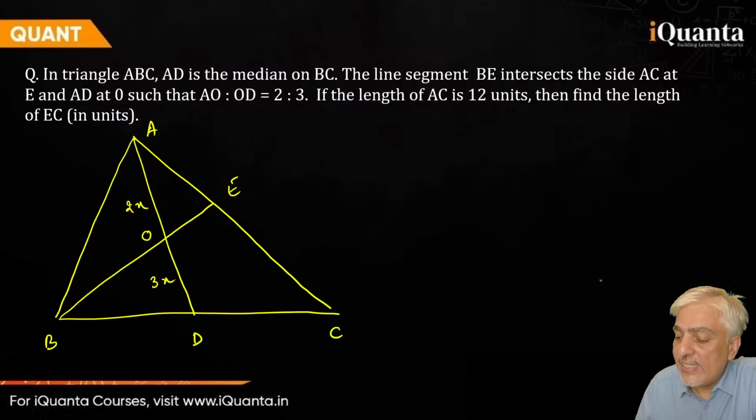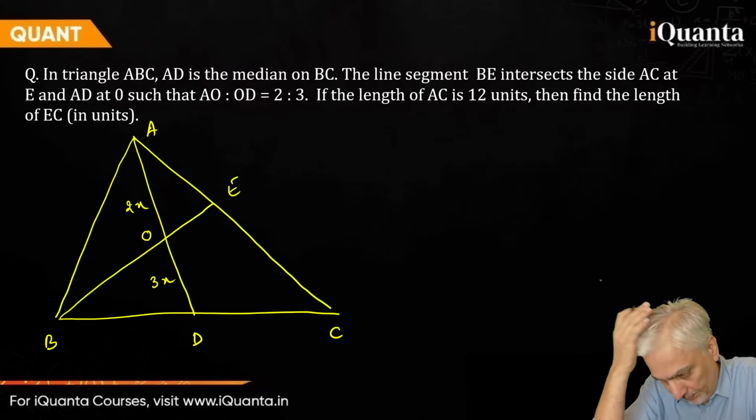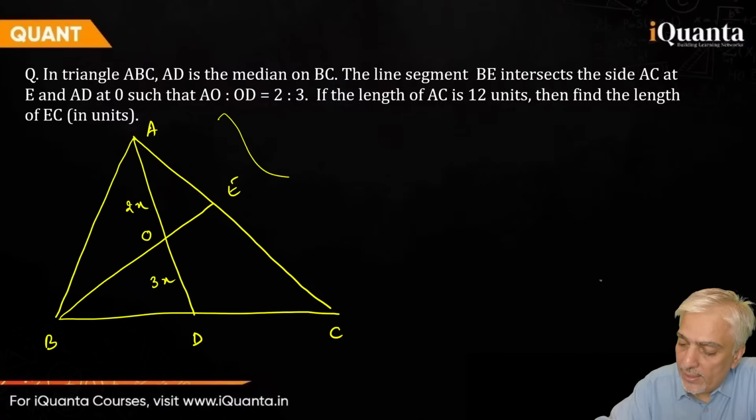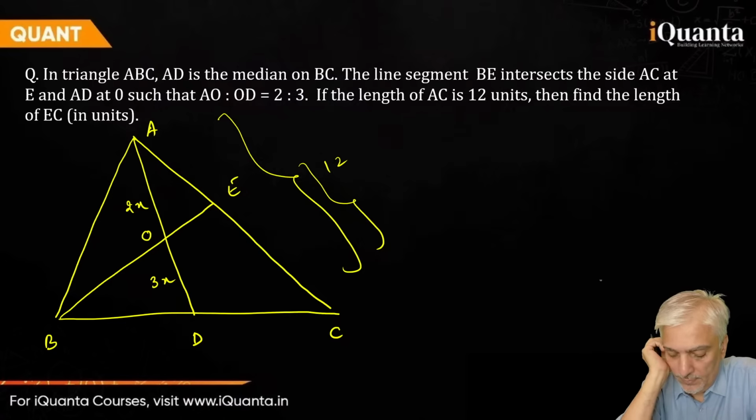If the length of AC is 12, find the length of EC. Come on, let's see if anybody can get this.